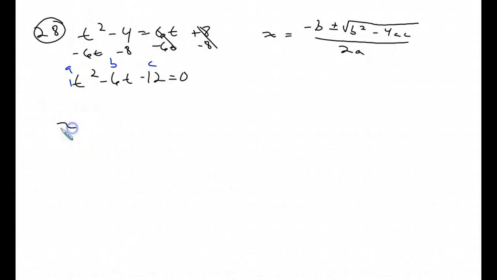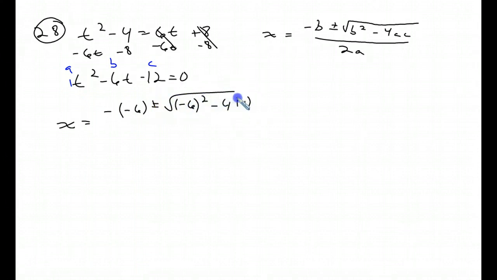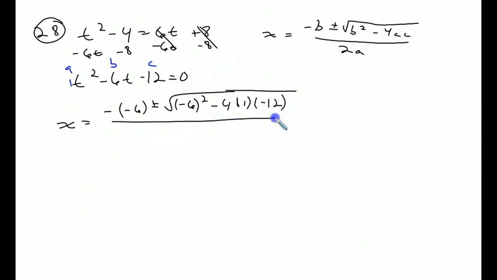Putting it into the equation, x equals negative b plus or minus the square root of negative 6 squared minus 4 times a, which is 1, times c, which is negative 12, still all under the square root, divided by 2 times 1, which is a.